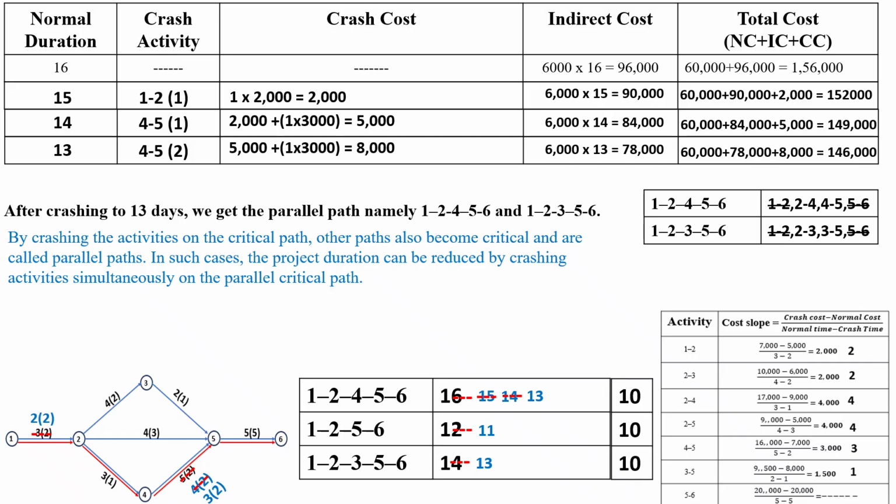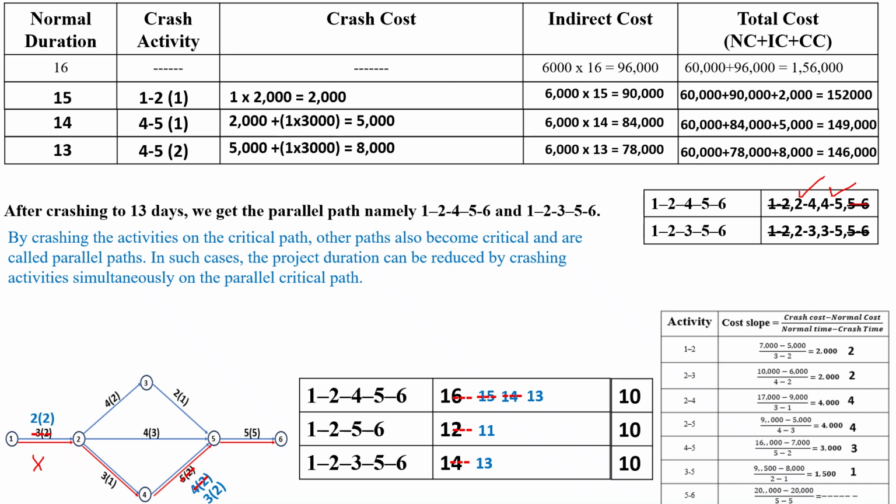Among these critical activities, crashing of 1 to 2 we have already finished, and 5 to 6 we are not considering for crashing. So the remaining activities are 2 to 4 and 4 to 5. Similarly, observe the other path, the parallel path 1, 2, 3, 5, 6. In this one, the activities are 1 to 2, 2 to 3, 3 to 5 and 5 to 6.